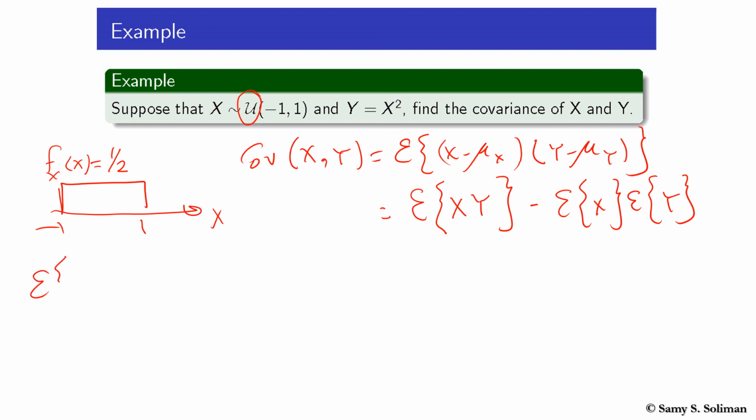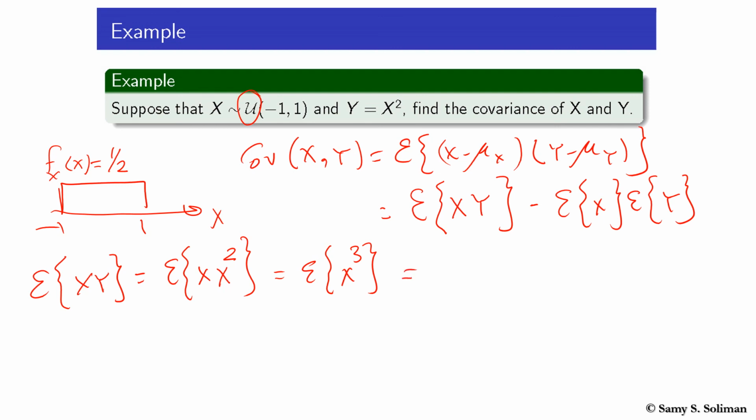The expected value of x times y is equal to the expected value of x, and then since y is defined as x squared, this is x squared here, which is the expected value of x cubed. So this is the integral of x cubed f of x dx, where x ranges from -1 to 1, and f of x is equal to one half as we calculated a while ago.